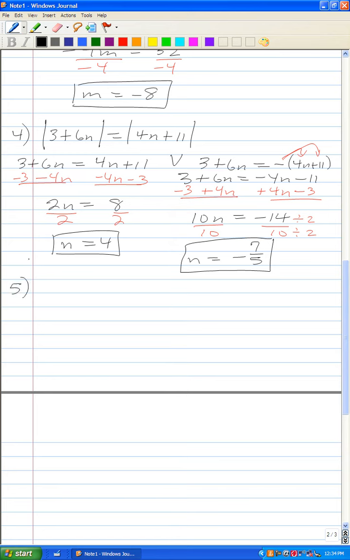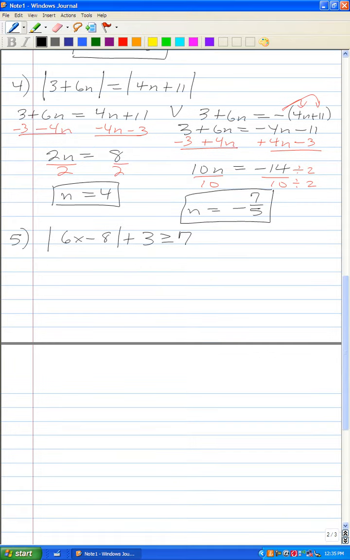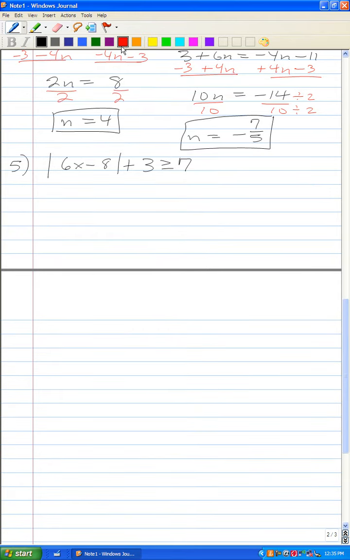Solve, graph, and write in interval notation. Absolute value of 6x minus 8 plus 3 greater than or equal to 7. Subtract 3.